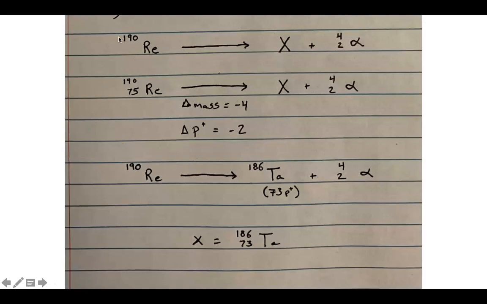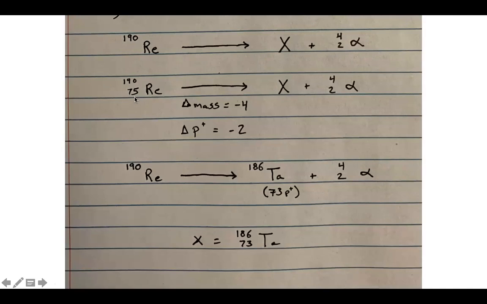So here we have Re, and the mass of this is again 190. And this is going to go to X plus our alpha particle. We showed alpha decay here. The first step that I did was look at the table, try to find Re, and what I found is that the atomic number, or the number of protons associated with Re, is 75. So I wrote that in.